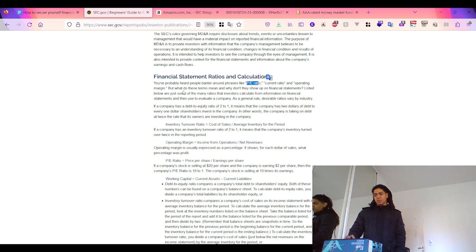But what do these terms mean, and why don't they show up on financial statements? Listed below are just some of the many ratios that investors calculate from information on financial statements and then use to evaluate a company.